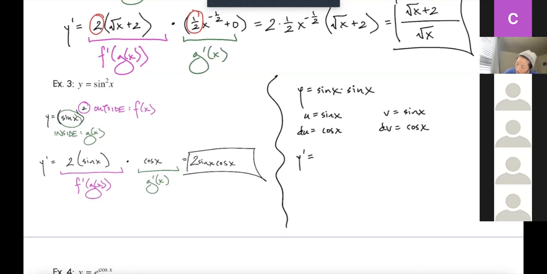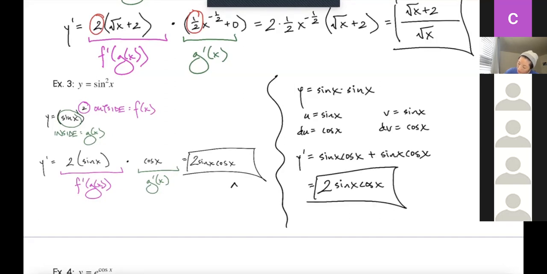You plug those into your product rule, you get u dv plus v du. You have 2 of them, so 2 sine x cosine x. Same answer.